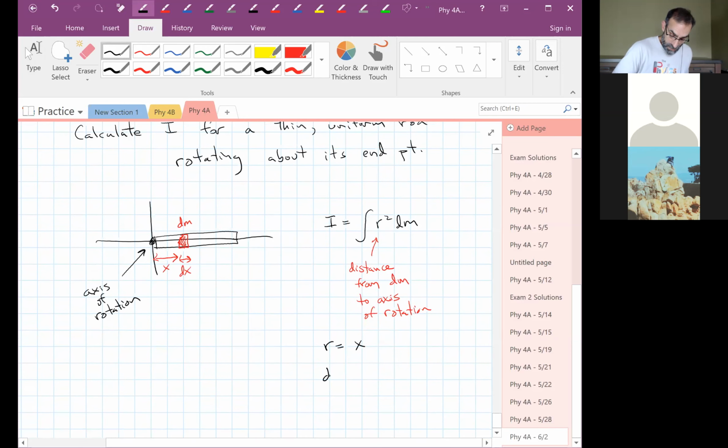And dm, remember, is lambda dx. Lambda is our mass density. And if it's uniform, that's just the total mass over the length.